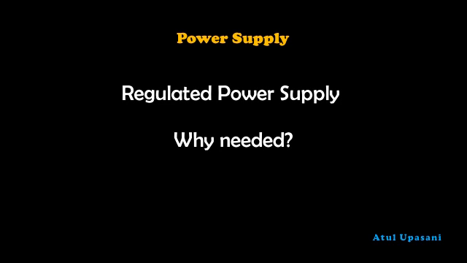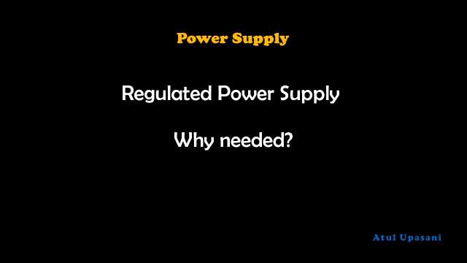Now let us see what is the need of regulated power supply. All the modern electronic devices are designed and fabricated using semiconductor ICs. These ICs dissipate very little power. ICs consist of small semiconductor components. Due to their small size, there is excessive heat in the components.